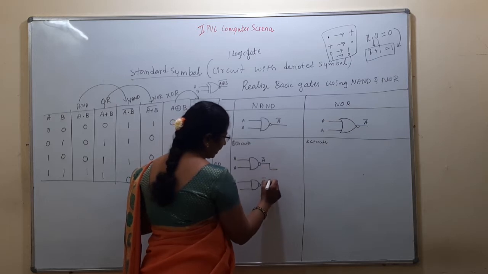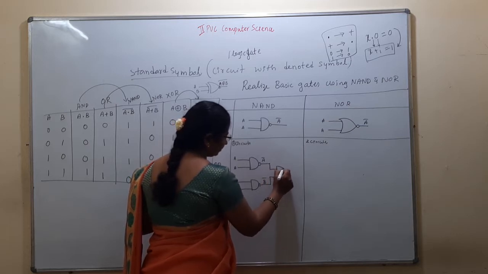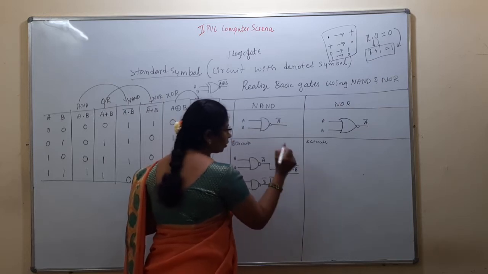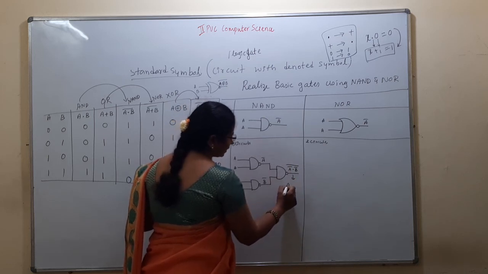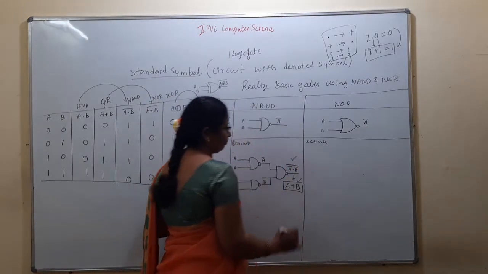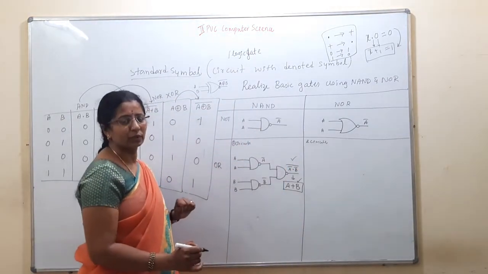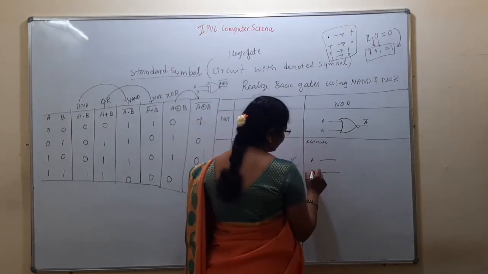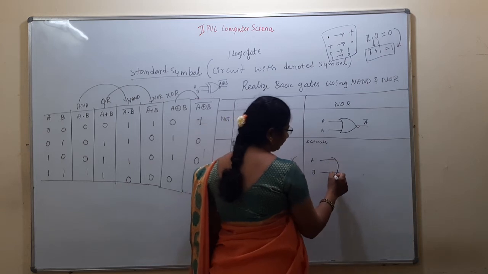Include that A and B here. You will get A complement into B complement, whole complement, which can be written as just A plus B. Don't write anything else, just write it like this. This is important. That's it.